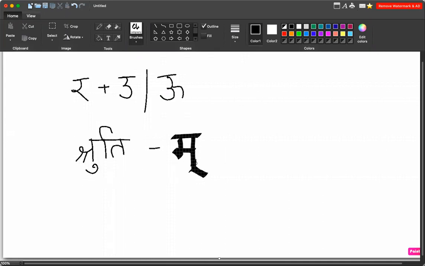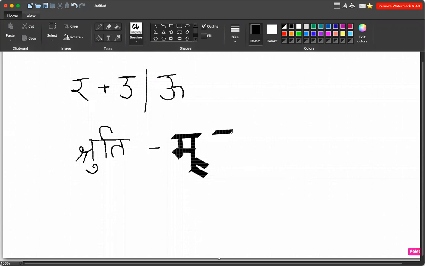So what we will do is we'll draw another parallel line, maybe similar length or smaller, but never longer. It should never be longer. It will be either short or the same length. This is how r and u both are attached to a letter.